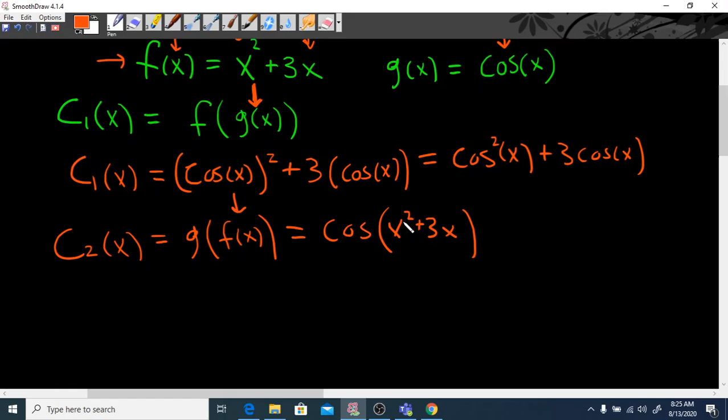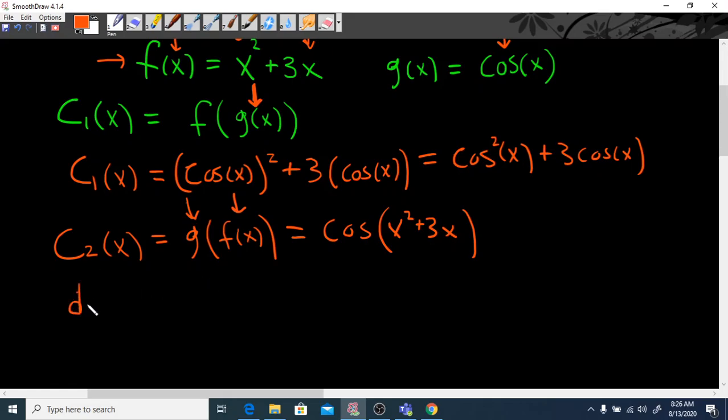What we can do, I've already got C2 here. g is on the outside, f is on the inside. So here's how this works.